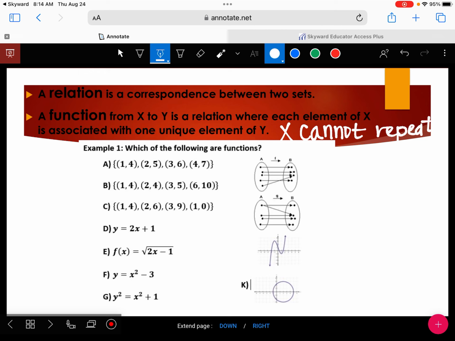And then pick up example 1, which you should have, and glue it down.